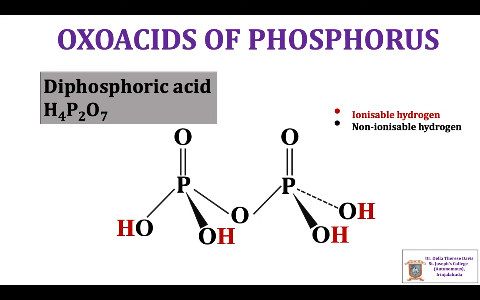That is, this acid is formed by the condensation of two molecules of phosphoric acid by removing one water molecule. So, two molecules of H3PO4 give diphosphoric or pyrophosphoric acid plus H2O. The oxidation state of phosphorus is +5 in diphosphoric acid.